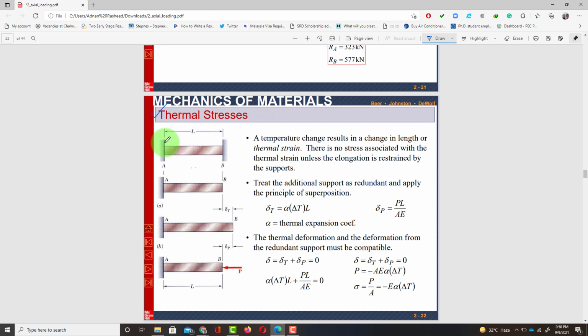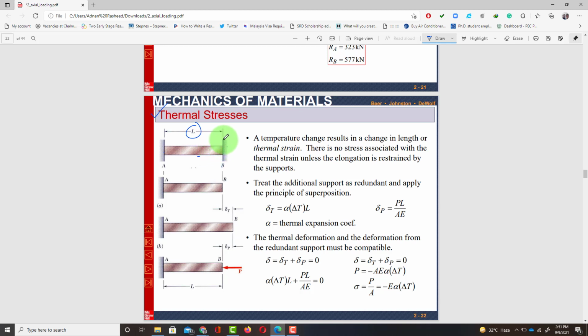So we have a bar AB that is fixed in between two points A and B. The length of this bar is L. So this bar is fixed. Now, due to change in temperature, it will tend to elongate. Clear?